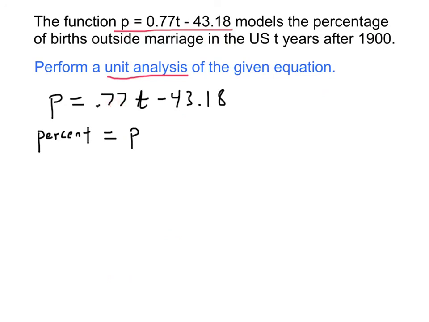So it would be percent per, meaning divided by, year. Okay, and that's just the unit on that number 0.77 right here, because that's the rate of change. And that gets multiplied by t. Now, what's t measured in? Just years. So we multiply that by years.